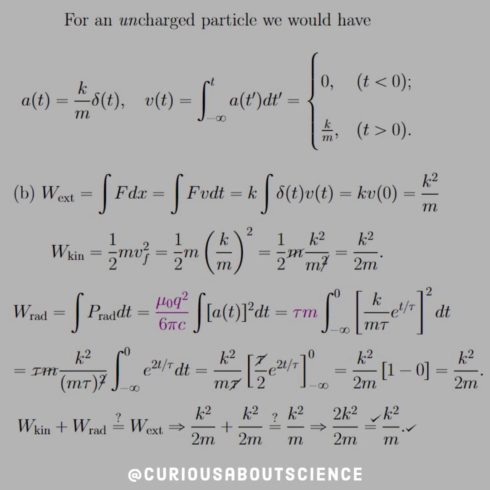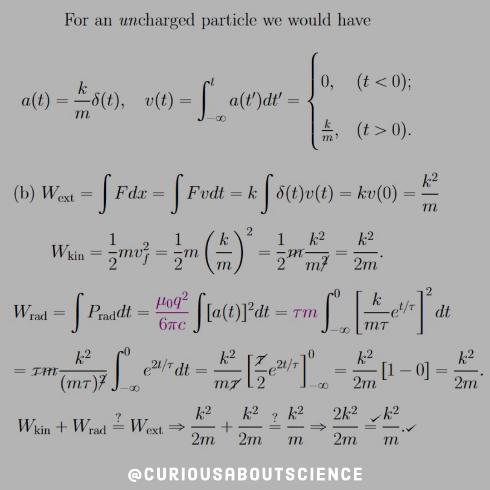But here, the energy of the external force, the work done by the external force, integral of F dx, we use the same method as in the last question and chug it through. So we get k times v naught, and that's equal to k squared over m. Okay, cool. Easy enough to deal with. And then kinetic energy is one half m v f squared.